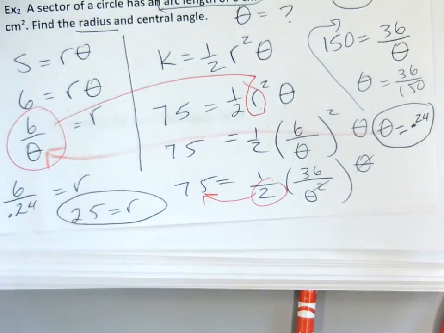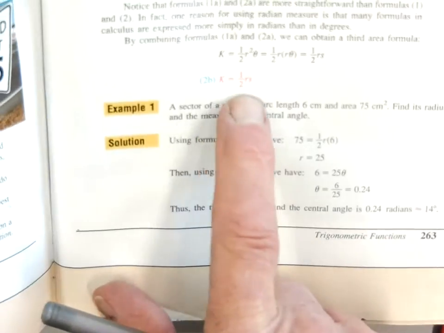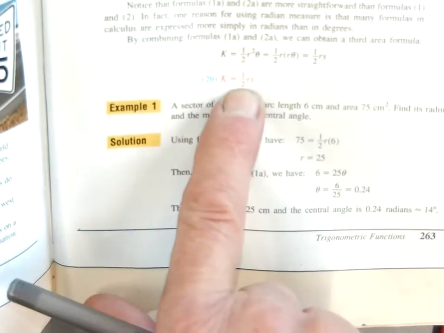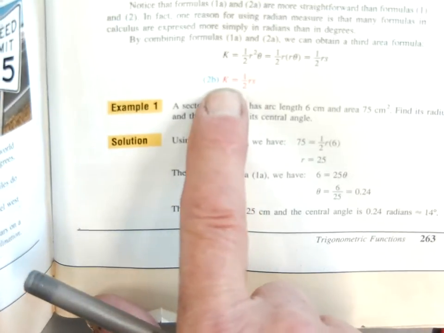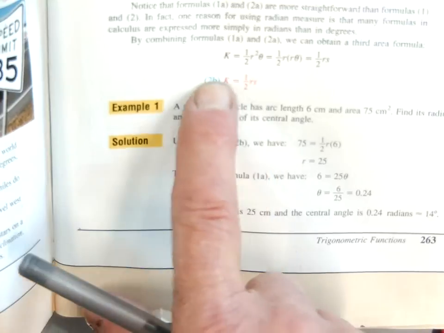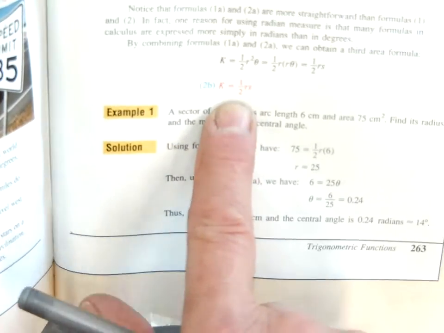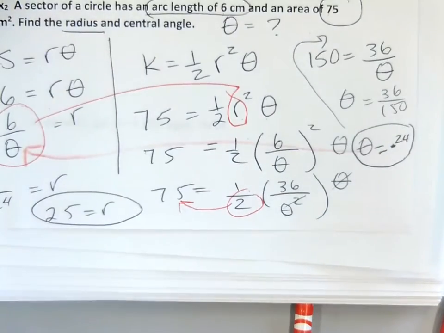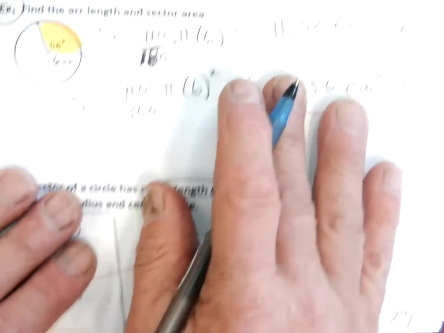Now there's one more formula that we probably could have used to do this a little bit easier. The book gave us a formula that would have made this much easier. It gives us a formula with area, and there's no theta, with R and S. So I could have used this formula first without having to do all that work. Does that make sense? Let me write this formula down. There's also a second area formula, and we're going to put that in right here.